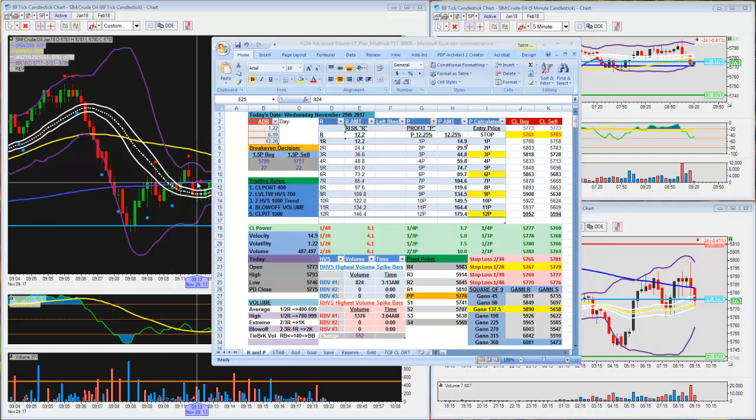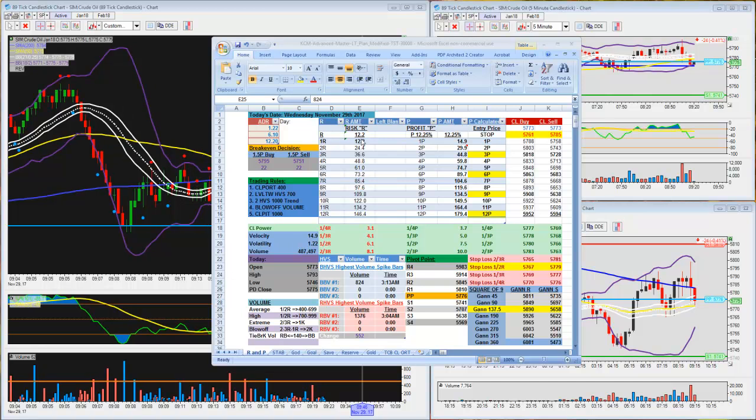Today, 1R is at 12.2, so that rounds to 13. So if you have 3 trades at this today, 13 times 3 is 39. So our maximum risk today would be 39 ticks per contract, or $390. Let's keep that in mind.